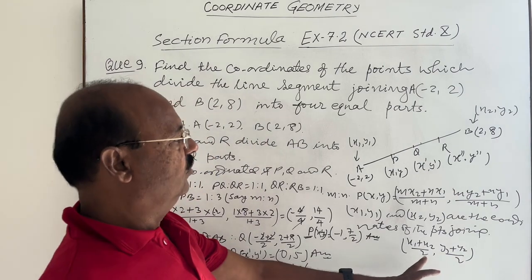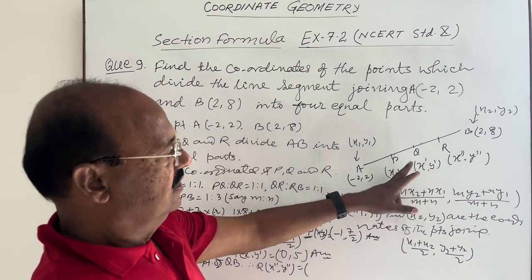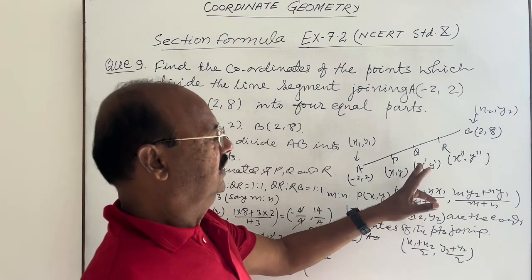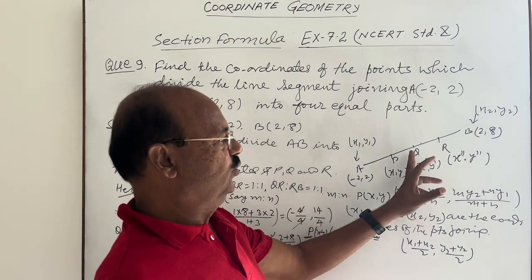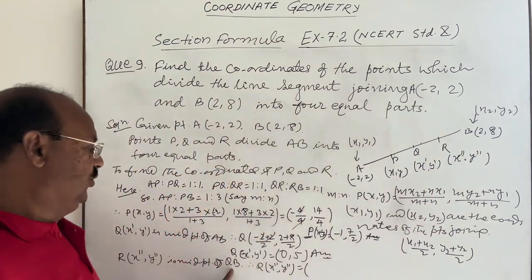We will use the same formula, (x1 plus x2) by 2, which means the sum of the coordinates of Q and B divided by 2. We have got the coordinates of Q here.